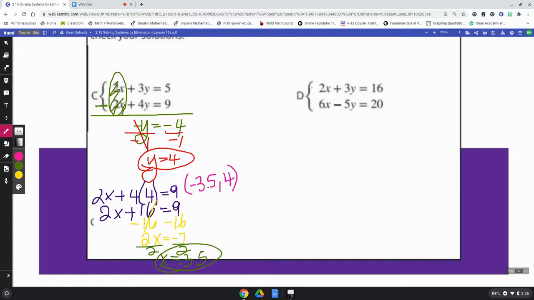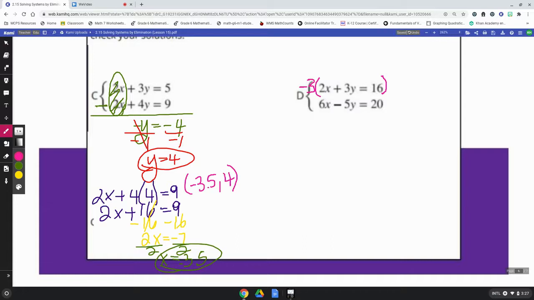But I'm noticing that if I multiply 2 by 3, I will get 6. And I told you before that I prefer to add whenever possible because we tend to make more errors when we subtract. So I'm going to multiply this by negative 3.